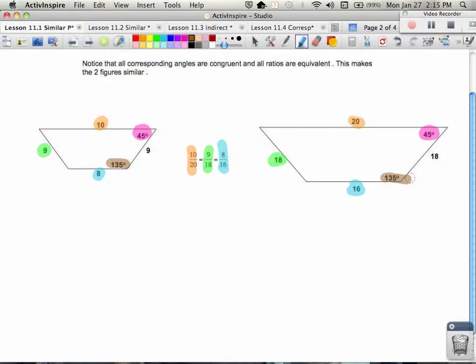That means these two figures are indeed similar, because the corresponding angles were congruent and the corresponding sides had the same ratio.